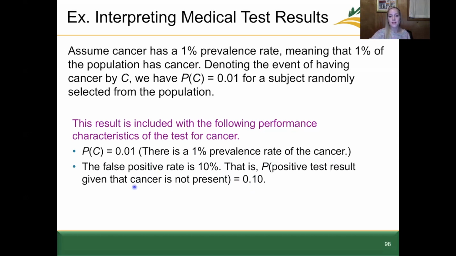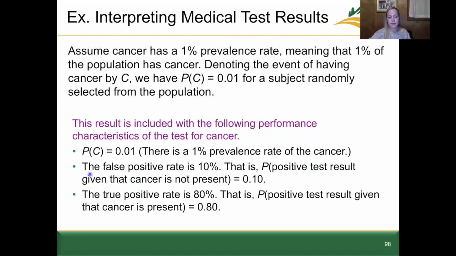The meaning of false positive here is saying that the patient does get a positive test result when the patient does not have cancer. Another piece of data here to digest is that the true positive rate is 80%. Again, we'll convert 80% into a non-percentage number. We have 0.80.